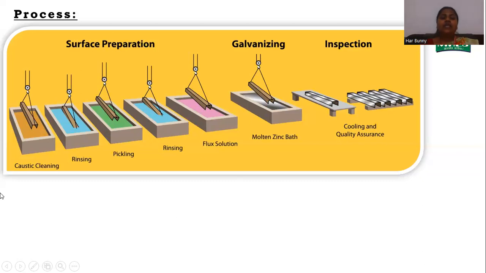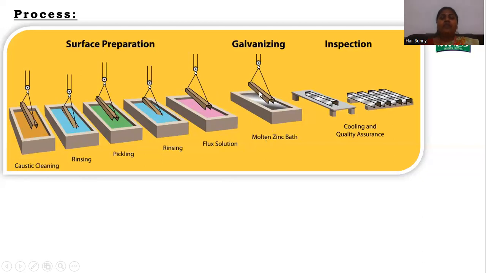After that, this metal is dipped in a flux solution, which is ammonium flux. After this process, the metal is ready for the galvanizing process.